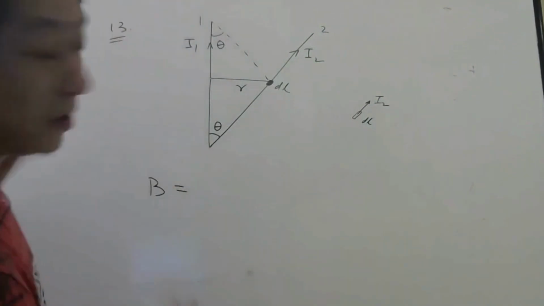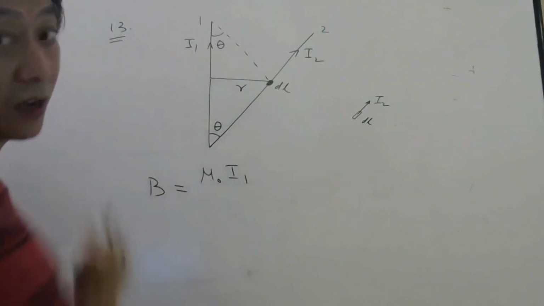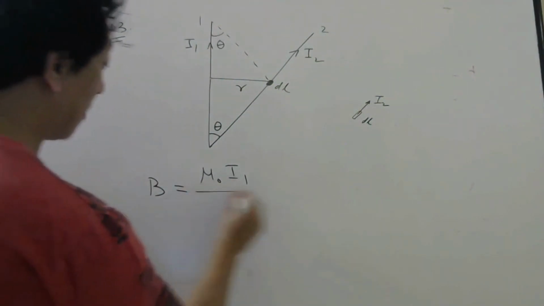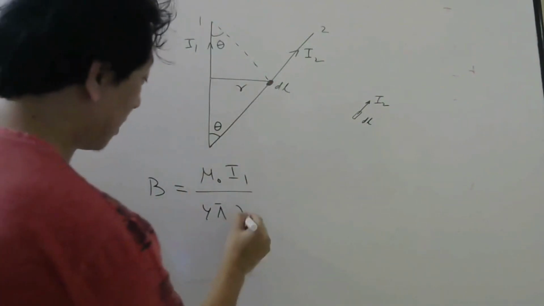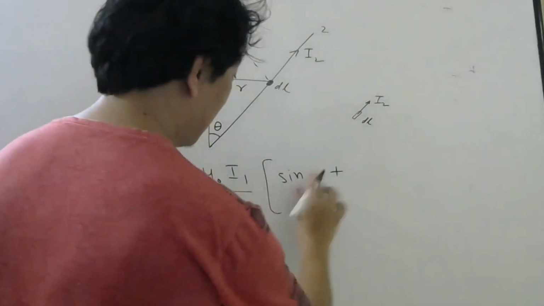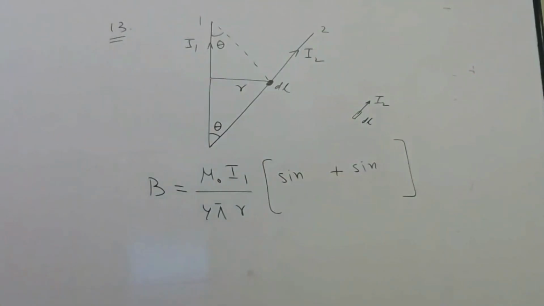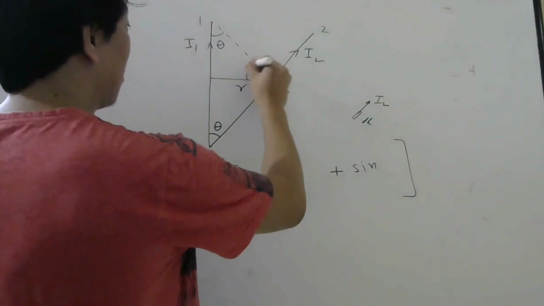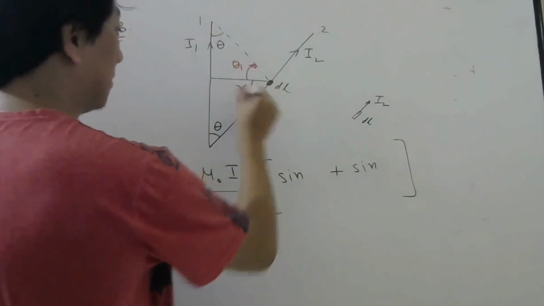This is a finite wire, so we use the formula mu naught I1 by 4 pi, because we are calculating the magnetic field due to this current. The perpendicular distance is already given as r, times sine theta 1 plus sine theta 2. Now be careful with which is theta 1 and which is theta 2. This is your theta 1, correct? And this is your theta 2.